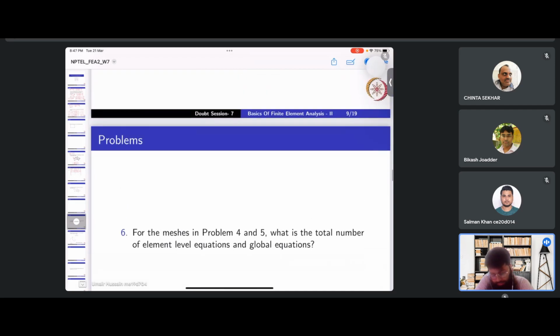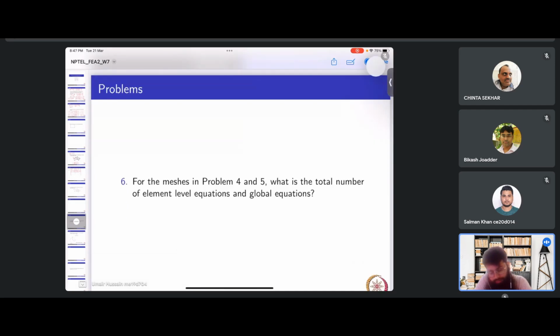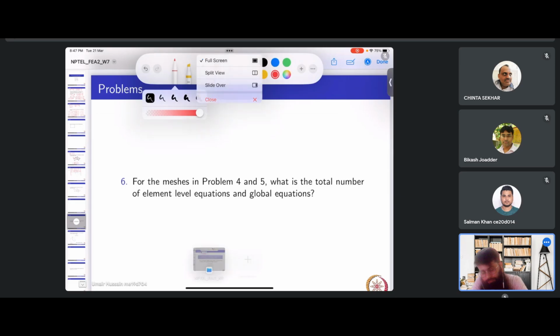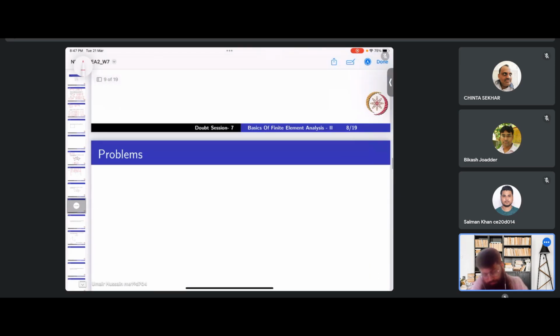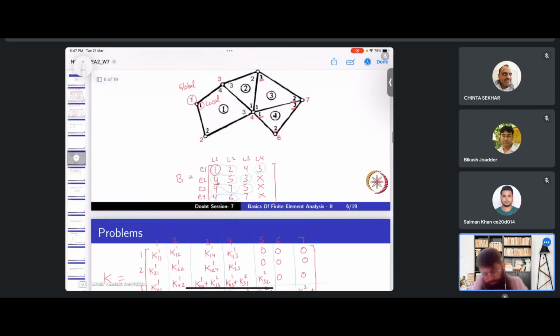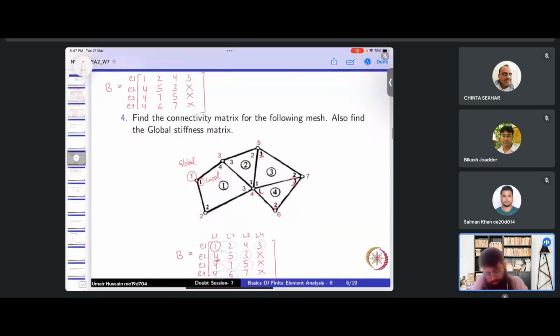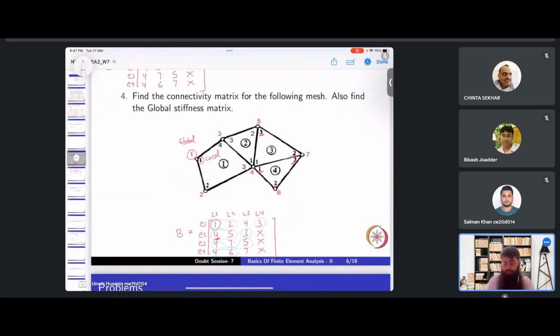Okay, so can we answer this? For the meshes in problems 4 and 5, what is the total number of element level equations and global equations? First of all, for problem 4, which we just solved, we have this mesh. So how many element level equations do we have?